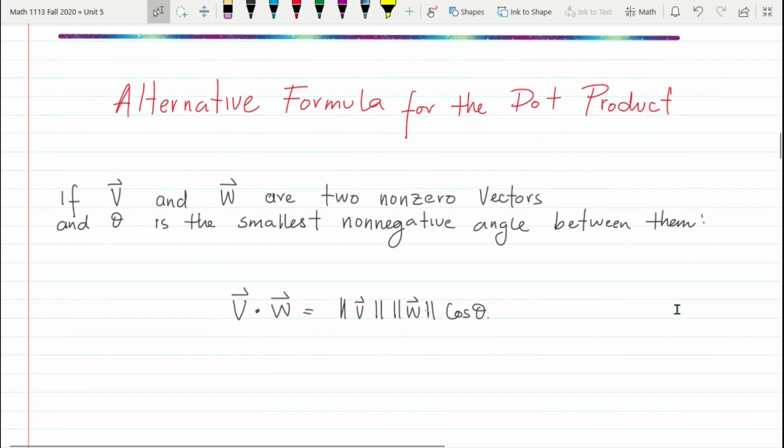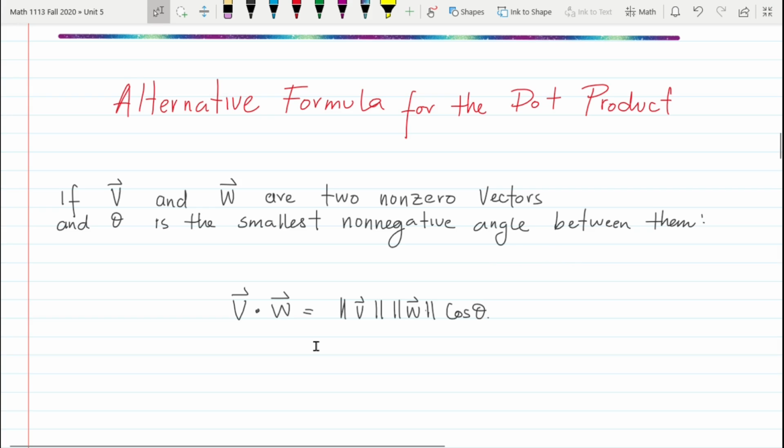Now, there is a different formula for the dot product. Say that you were given two vectors and they are non-zero, because we want to exclude the zero vector. So theta now is the smallest non-negative angle between these two vectors.